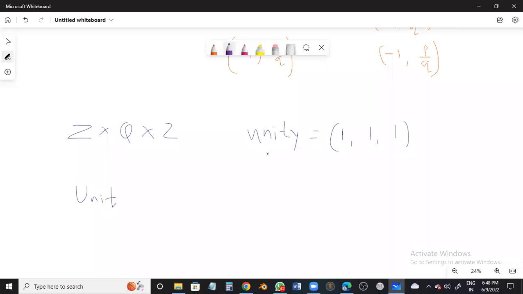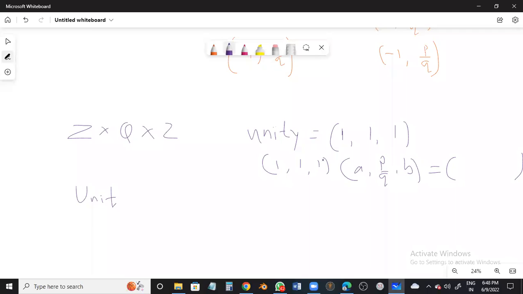So you can check, if I multiply 1, 1, 1 to every element, suppose I have A comma P by Q comma B, then what is the answer? Same.